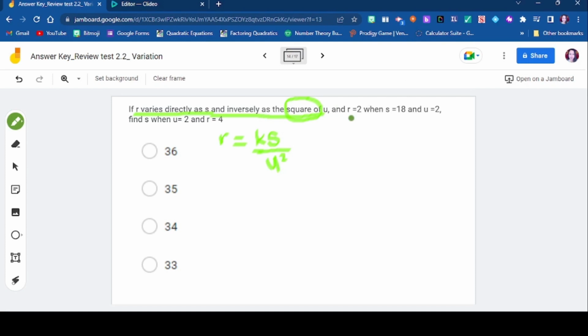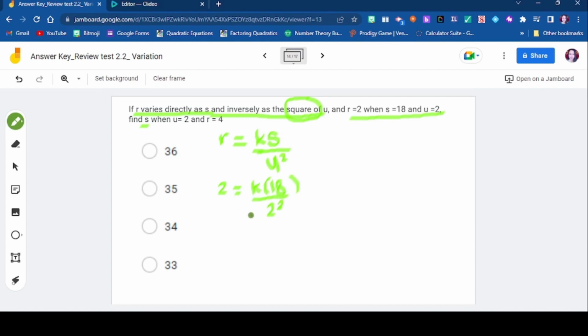Then let us substitute this given in order for us to find S. So, let's work with R, which is 2, and our K is unknown. S is 18, and U is 2 squared.